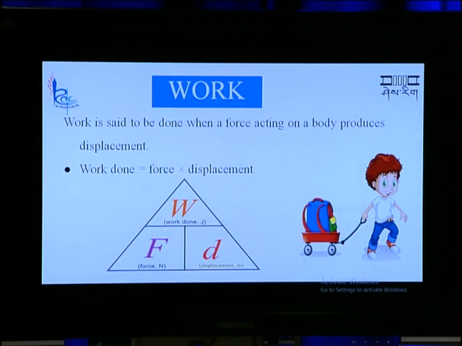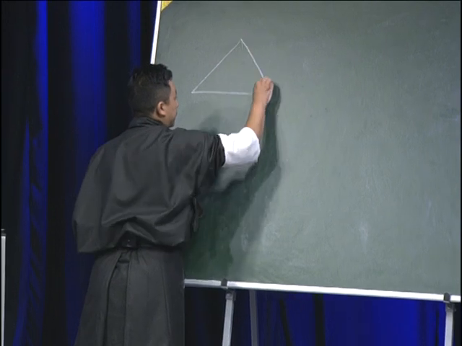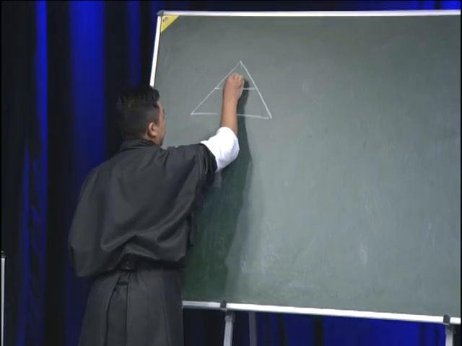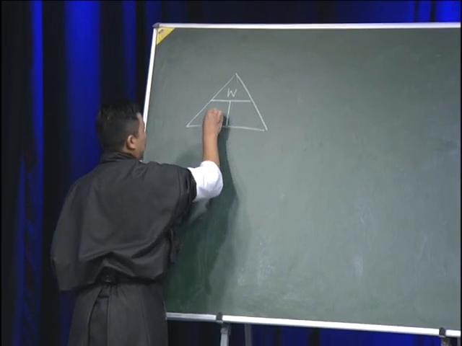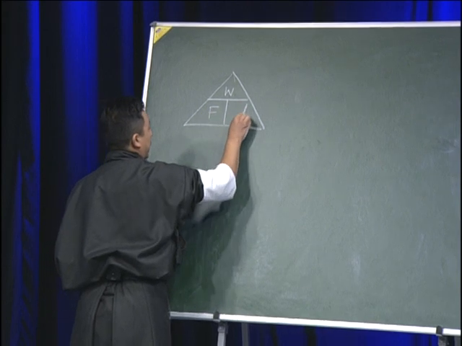From the definition again, we come to a triangle law. Remember this triangle law. It will be very easy for you to remember the relation between work, force and displacement. Now if you are to calculate your work done from this triangle law, you have force times the displacement.